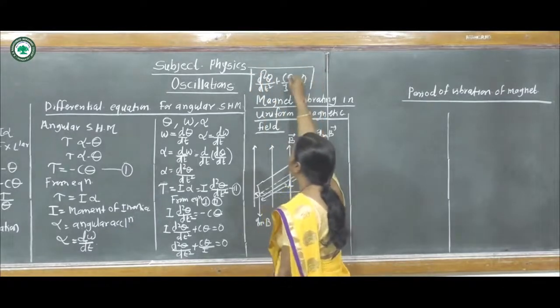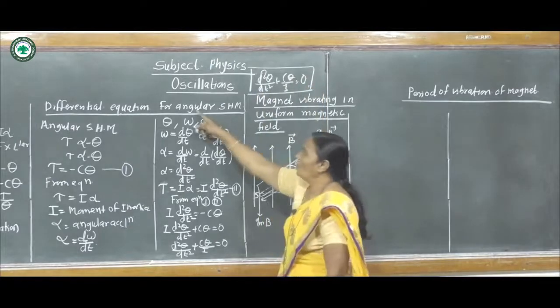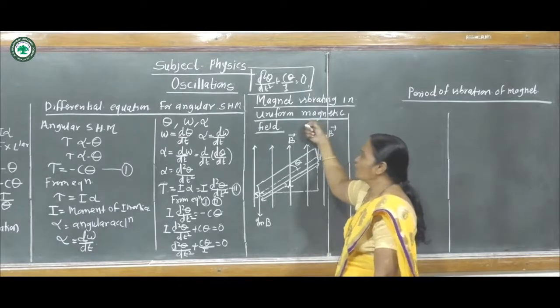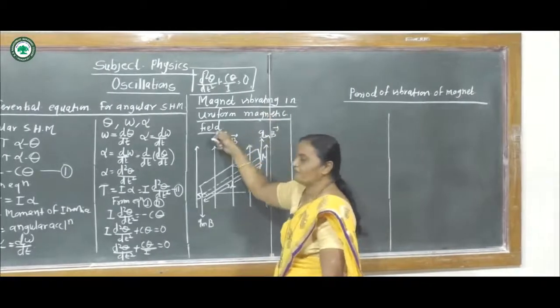This equation is called the differential equation of angular SHM. Now see the next topic, magnet vibrating in a uniform magnetic field.